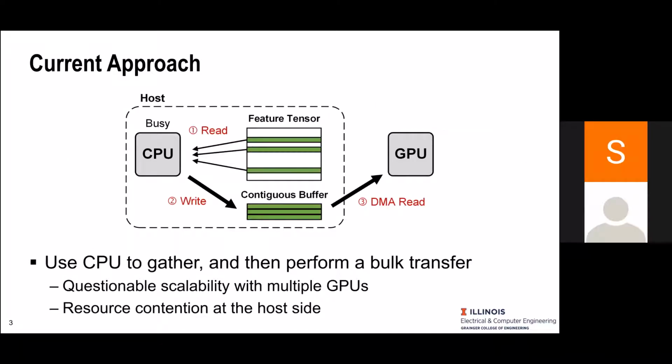This is the current approach, or at least how things work behind the scenes. When the data set is stored in the CPU, for example a node feature tensor, and the data access needs to be scattered because of the graph data structure, the CPU reads the scattered data from its own memory and writes it into a contiguous buffer, which is then sent to the GPU by DMA.